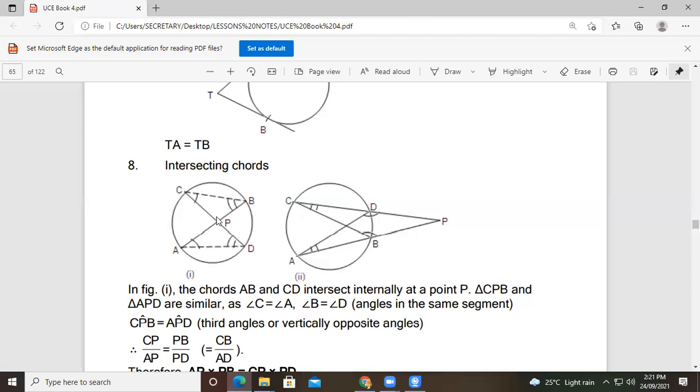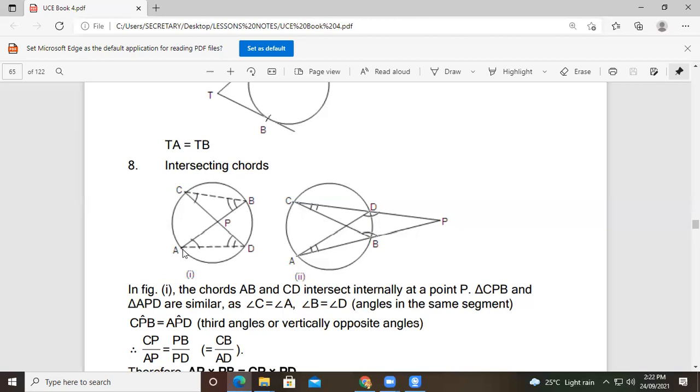You should also know that CB is also a chord, and also AD is also a chord, because we have said that a chord is just any straight line that is drawn inside that circle, and this line does not pass through the center. So AD is a chord, and also CB is also a chord.